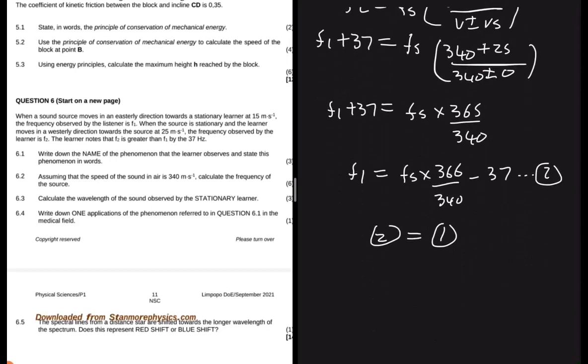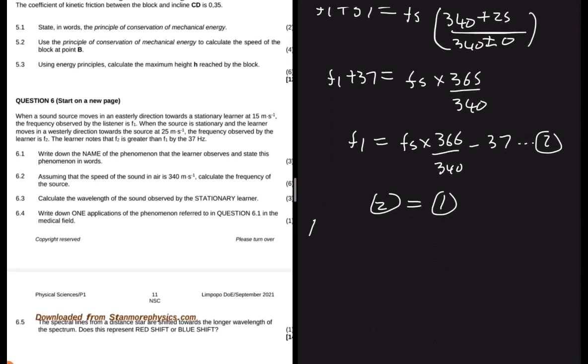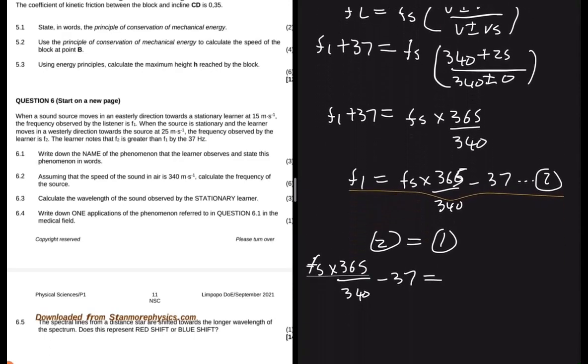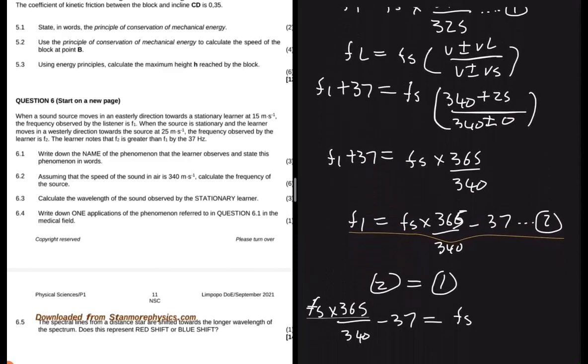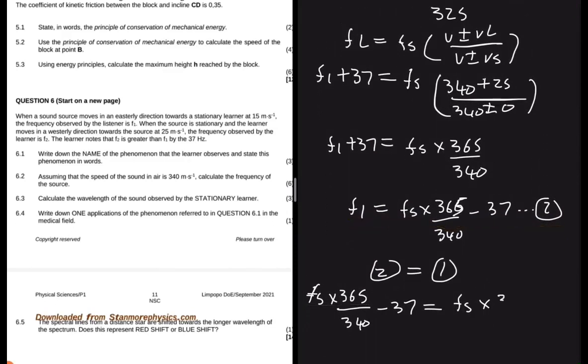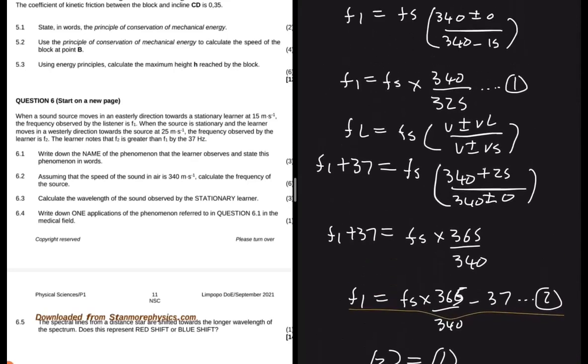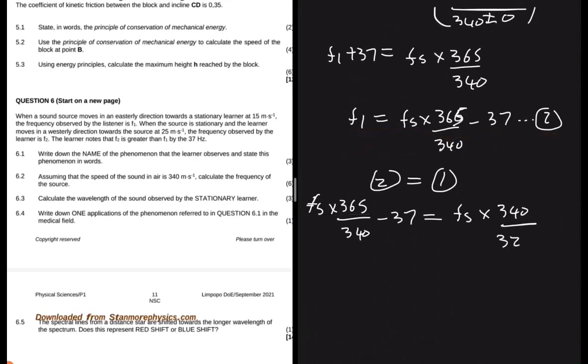So equation 2 is Fs multiplied by 365 divided by 340 minus 37, and it's supposed to equal equation 1, which is Fs multiplied by 340 divided by 325. So what we are going to do, we are going to make Fs the subject of the formula, right?